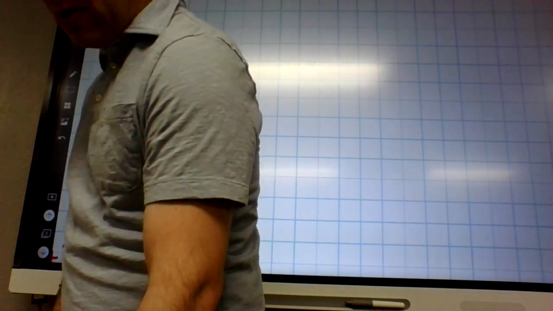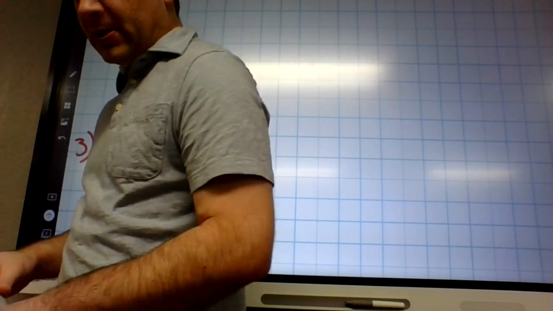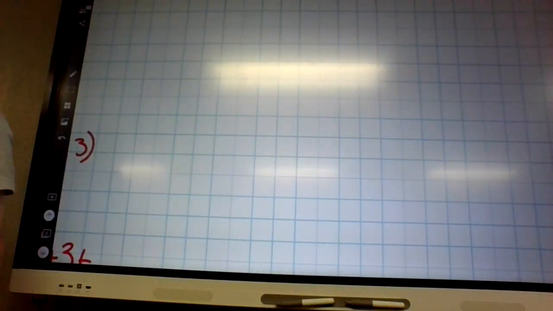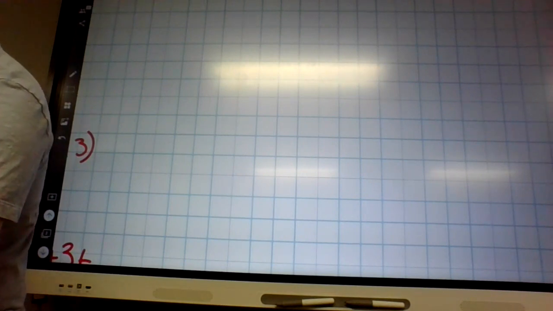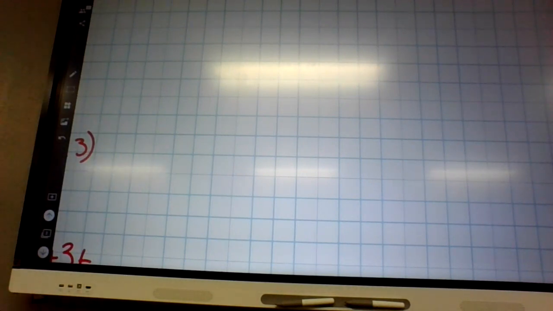So 8 will look pretty similar to that one, but it's a vertical line instead of horizontal. Graph. Darn. Only these two want graphs, but that's okay. We're going to do it anyway. I think it's worth our time. Let's see, you got a half sheet.